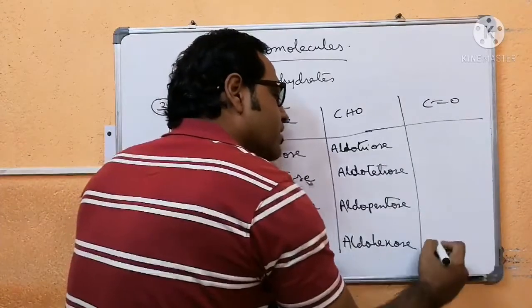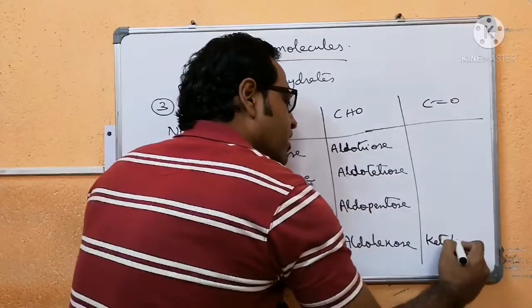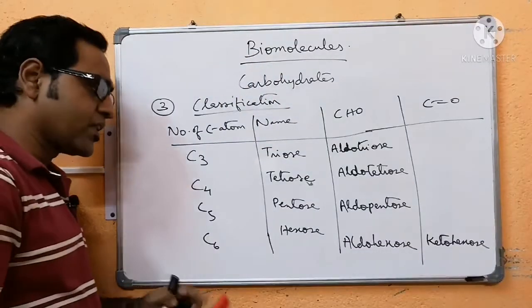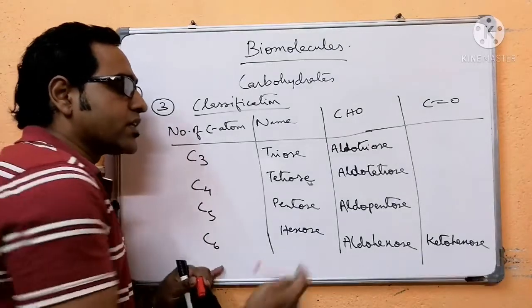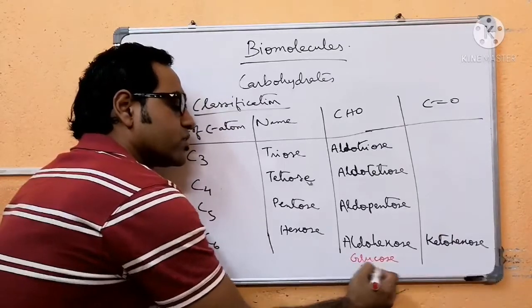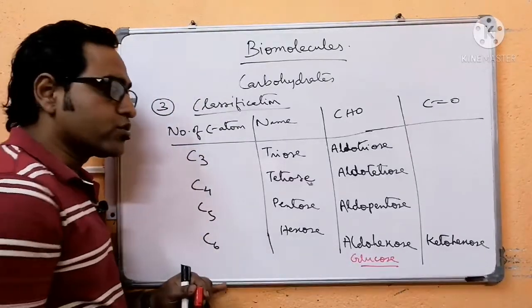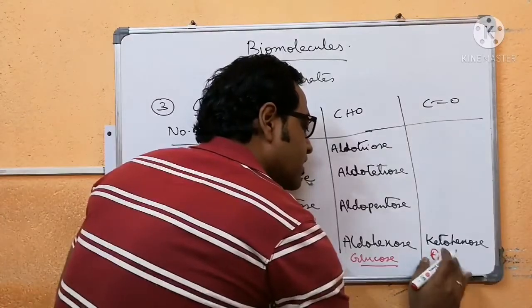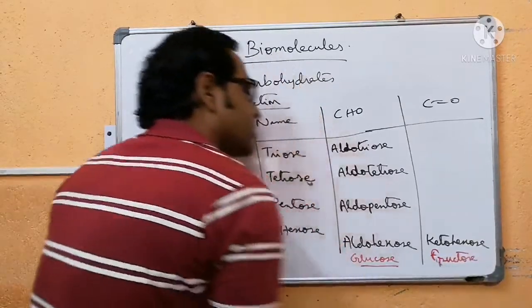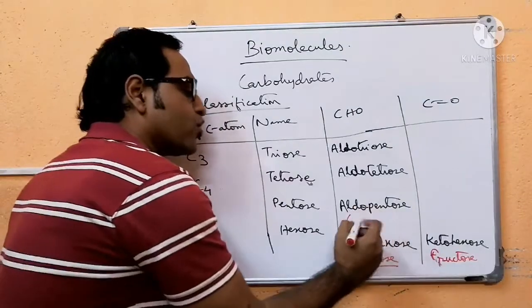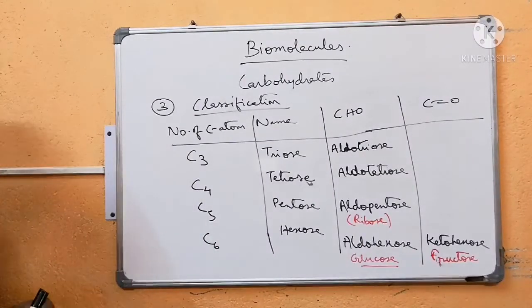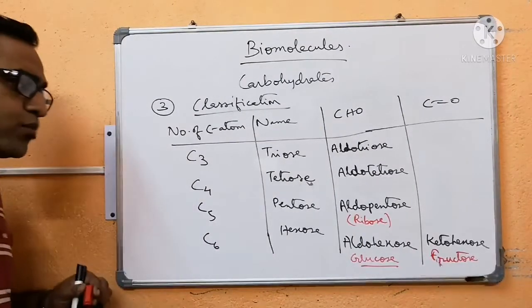Ketones are similar: ketohexose, ketopentose, ketotriose, like this. Now, an example of aldohexose is glucose, whereas fructose is an example of ketohexose. Then ribose is an example of aldopentose. Ribose is present in RNA, that is ribonucleic acid.